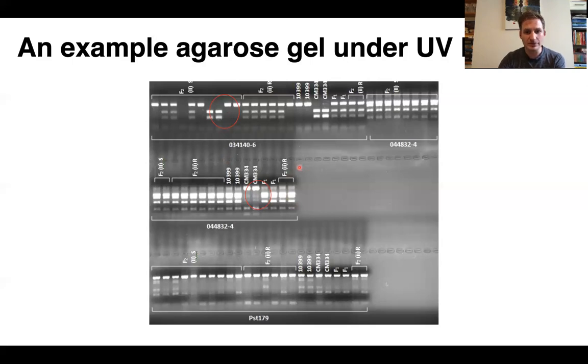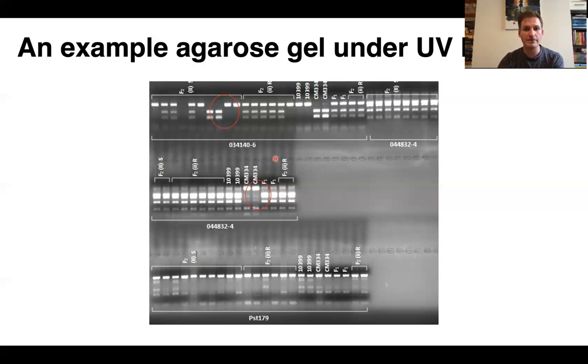If you can see in this picture these slots, these marks here, those are the areas of the gel where the PCR product was inserted.